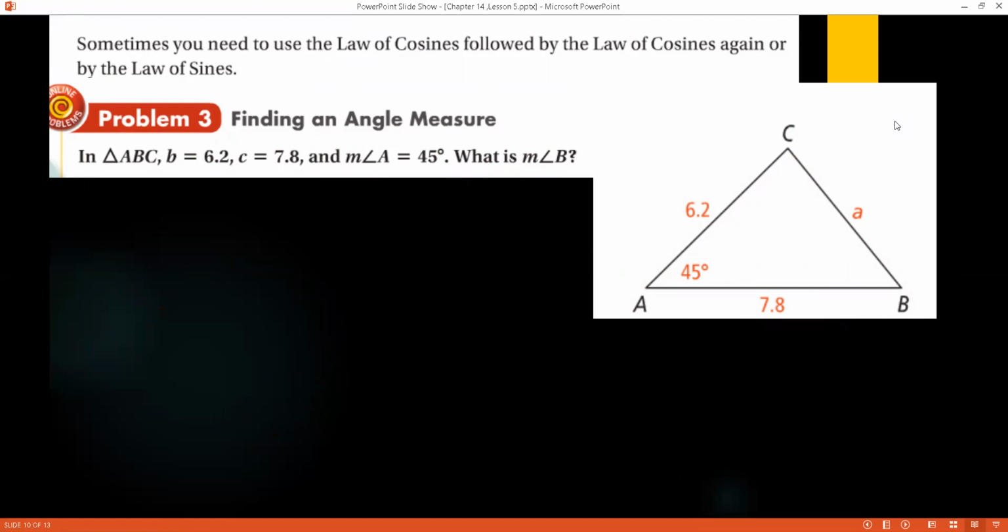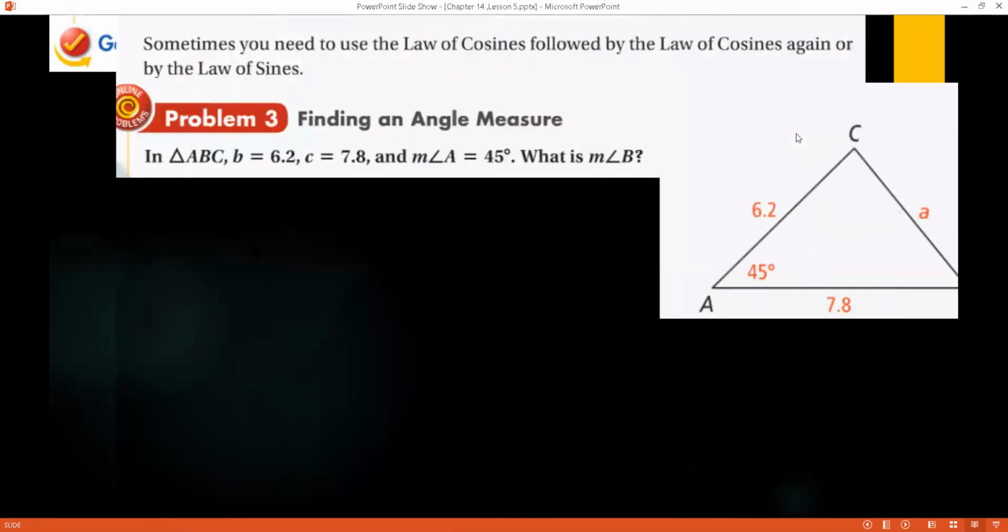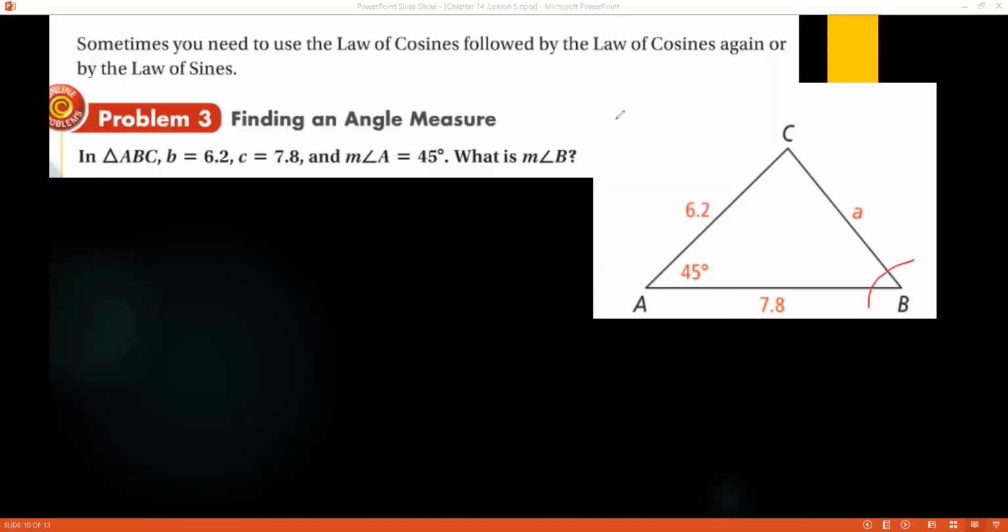In the triangle ABC, if you know that B is 6.2, and the side opposite to angle C is 7.8, the measure of angle A is 45. Okay, but what did they ask me now? They asked me about the measure of angle B. They ask me about this angle here.